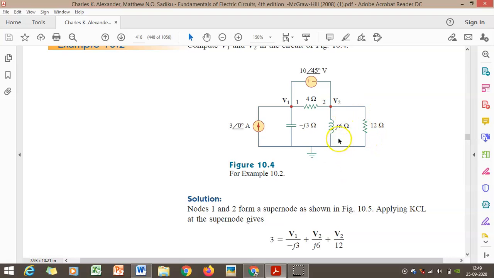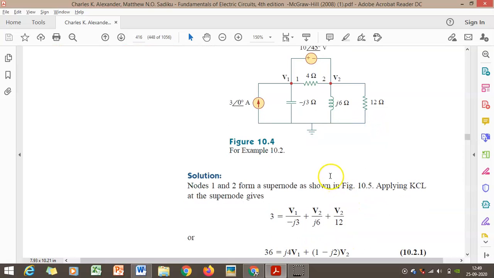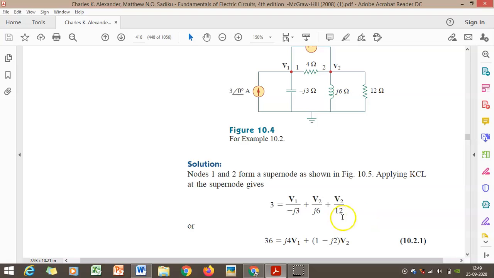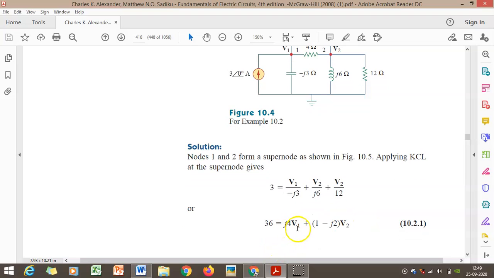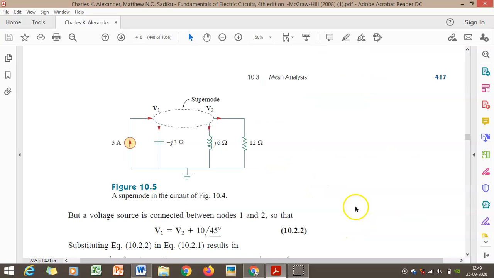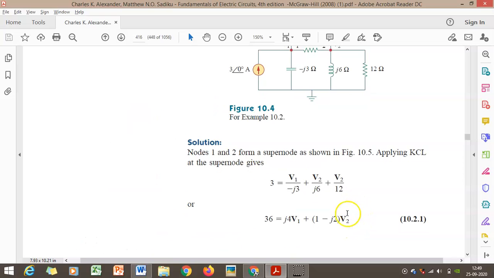Likewise, the incoming current is this one, 3 amps, and the outgoing are through j6 and 12 ohm. So this is your KCL, and solving this, we will get 36 equal to j4V1 plus (1 minus j2)V2. This is the mathematical solving method. So keep this equation as it is. Let it be equation 1.